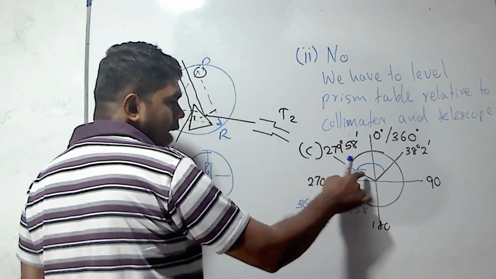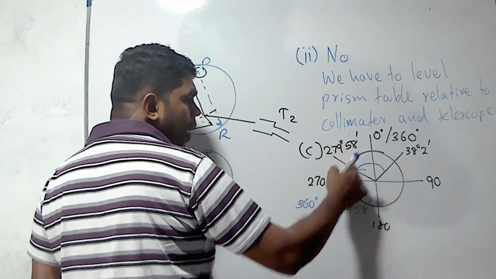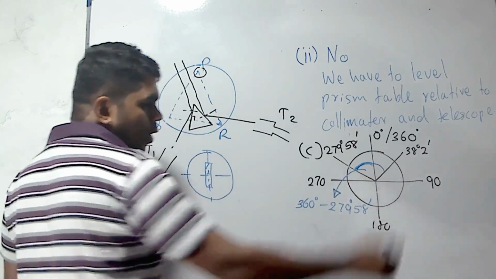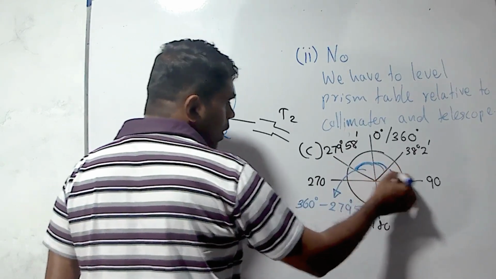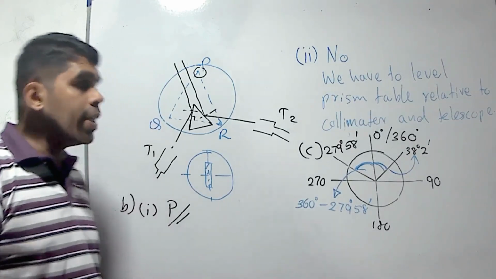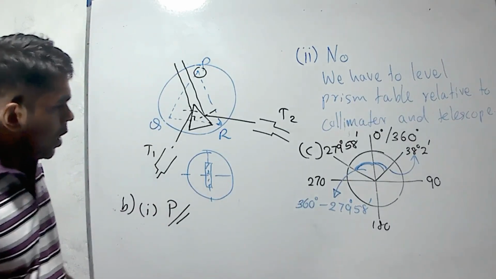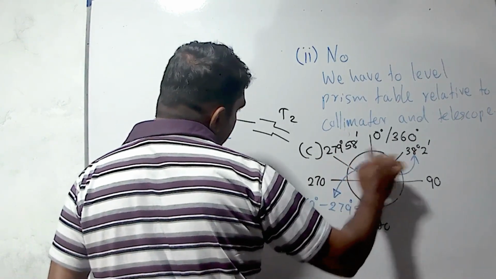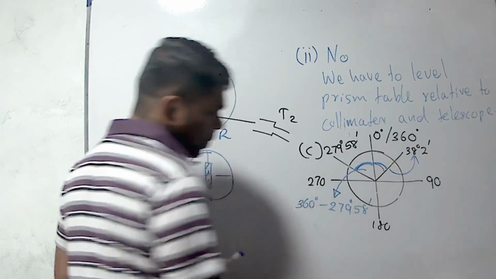We have to subtract this value from 360 to get the magnitude of this part. And we know that this angle is equal to 38 degrees and 2 minutes. It is the direct reading. Then we can add this angle and this angle to obtain this full angle.